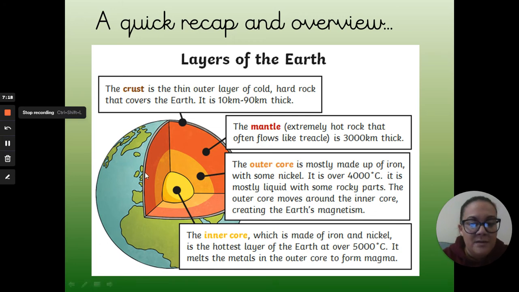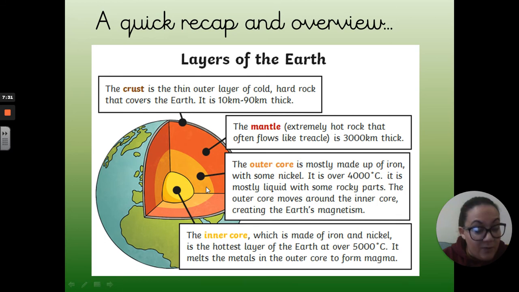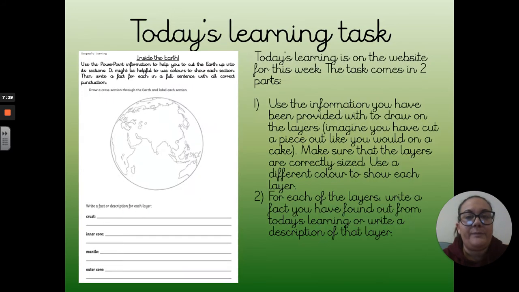Once we get into the inner core, it's made of iron and nickel. It's the hottest layer at over 5,000 degrees centigrade. It melts the metals that are within the outer core and forms magma. So that's why it's mostly liquid in that outer core, because of the temperature from the inner core below it.